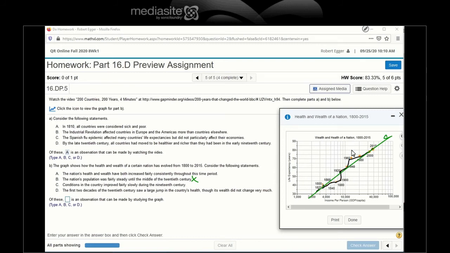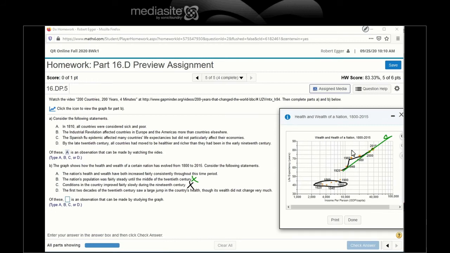The 19th century is the 1800s, which is here. And it kind of went up and down. 1800, 1820, it dropped. 1840 went up. 1860 went up. 1880 basically flatlined. 1900. So I would say it's pretty much constant.